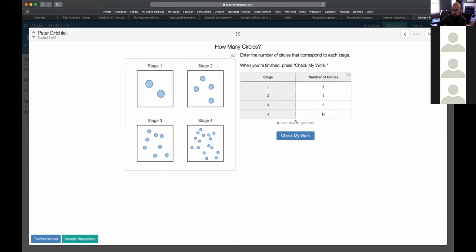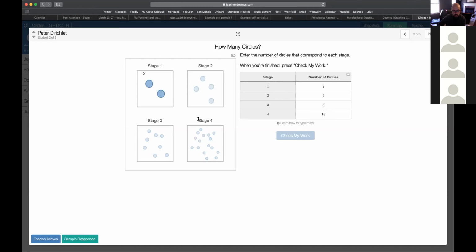Can you all see my screen? Jody, Nick, Gabe, you can see my screen too? Yep. Yeah. As we're going along, at stage one you had 2. Stage 2 is going to give you 4, so as we said, that number doubles. Stage 3, that doubles again, you get 8. And then stage 4, you jump all the way to 16.